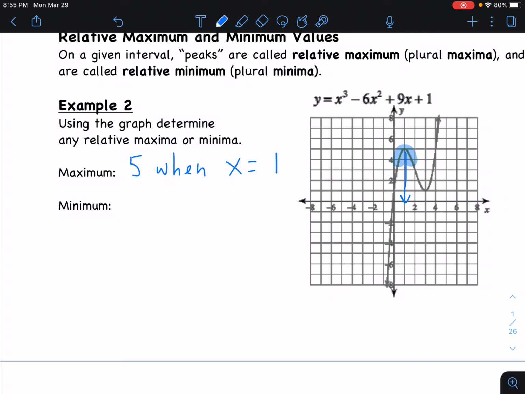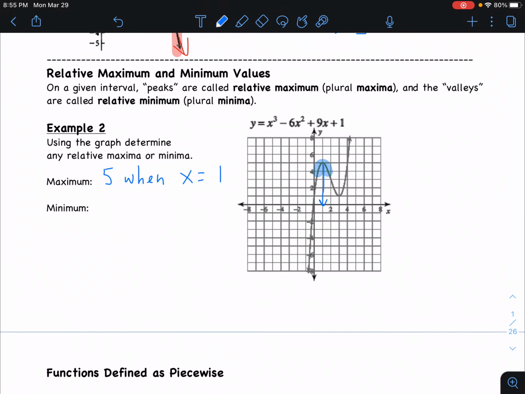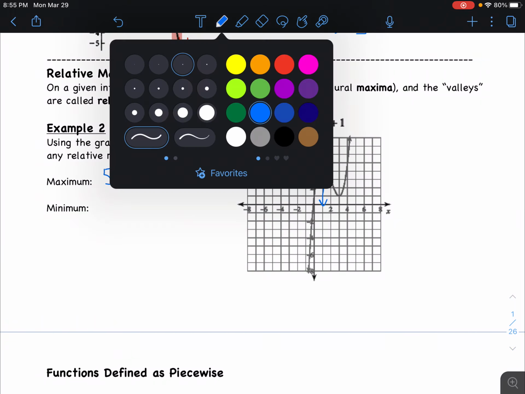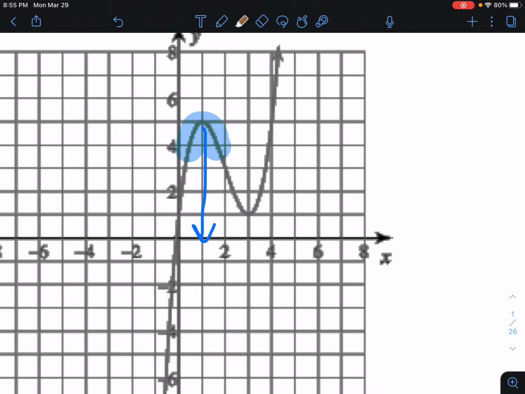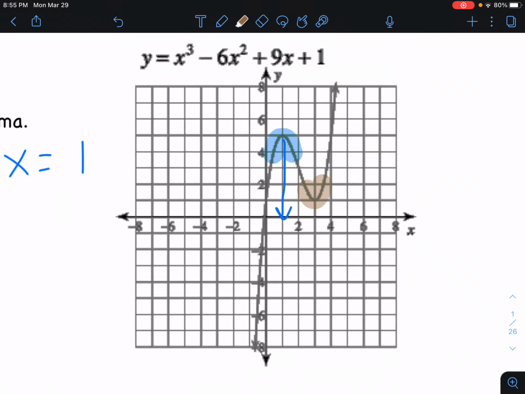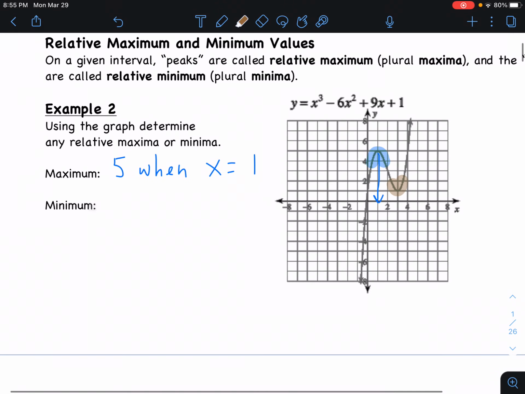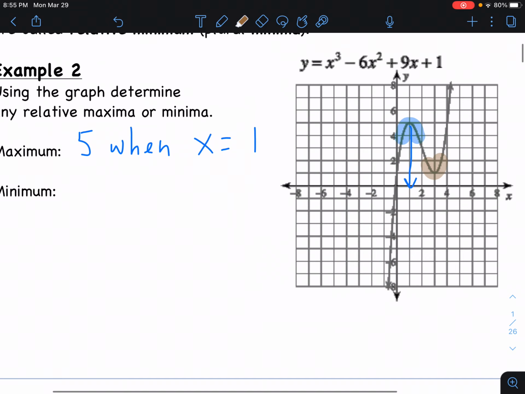The minimum is the opposite. We kind of refer to it as a valley. So here we do have a relative minimum, and if we zoom in, it's right here, this valley. What is that point? How many feet is it?